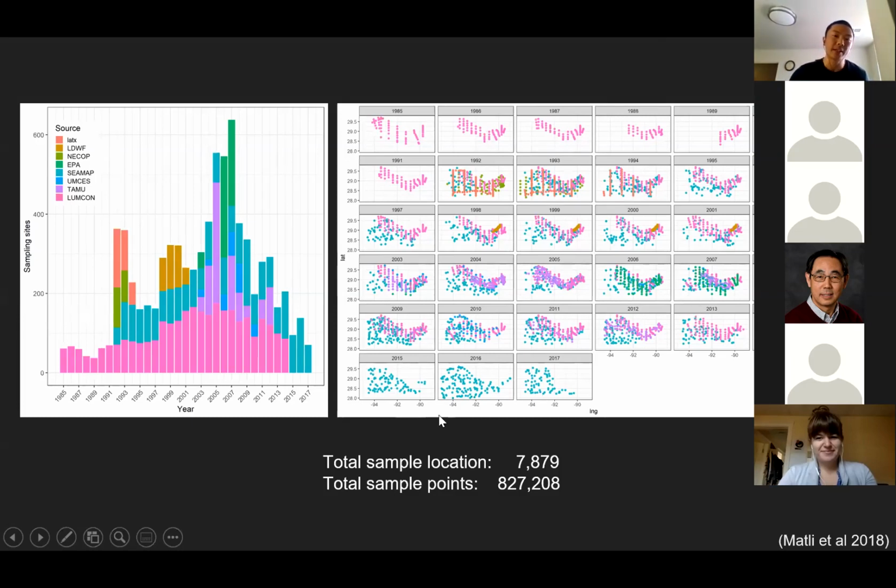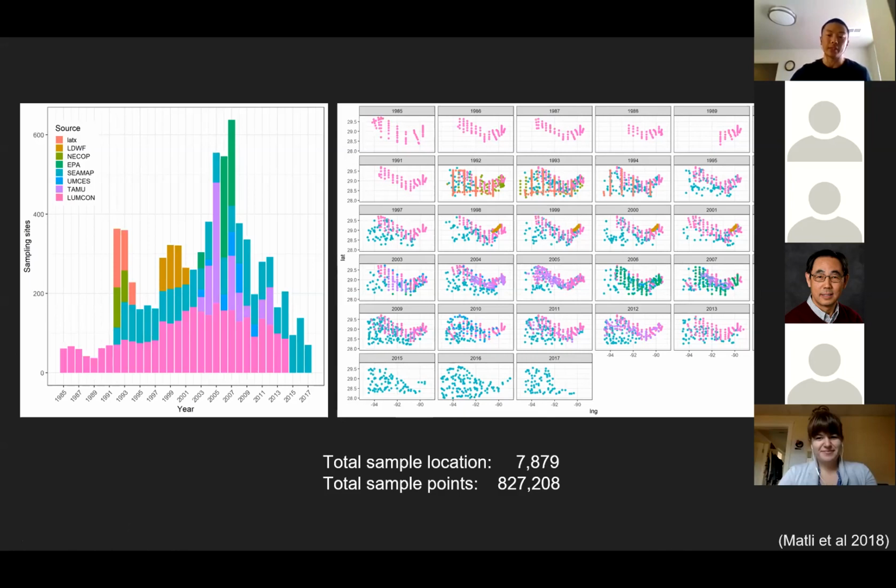In total, since 1985, there are around 8,000 sampling locations, and I was able to collect the sampling data from all these agencies and got around 800,000 data points.